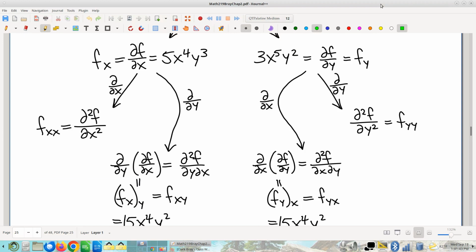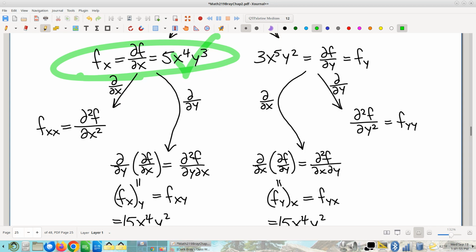And off to the material. So we were talking about higher order partials. Remember the big idea is that when you take a partial, the partial is also a function of all the same variables.